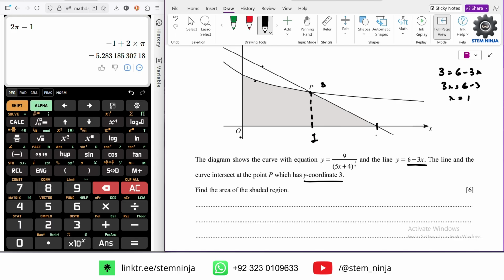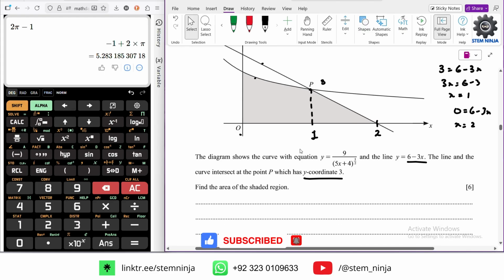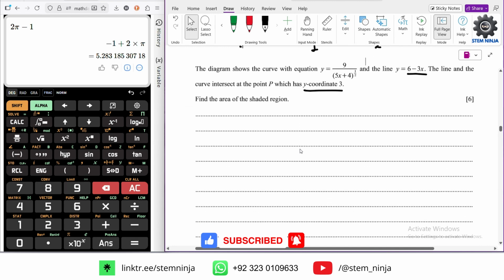And we would also need to figure out where y becomes equal to 0, so 0 is equal to 6 minus 3x, so x is basically just 2. Right? So from 0 to 1 it's the area under the curve, and from 1 to 2 it's the area under the line.